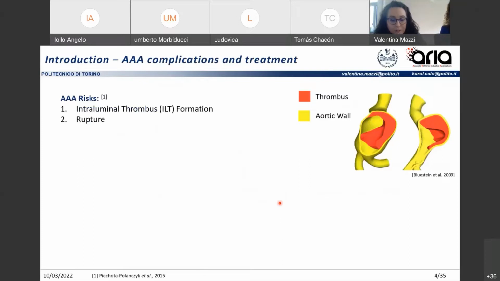One of the main risks related to abdominal aortic aneurysms, as we've already seen, is the formation of the intraluminal thrombus, ILT, while the most catastrophic complication, of course, is aneurysm rupture with consequent death.